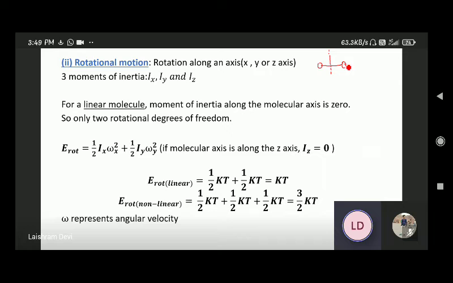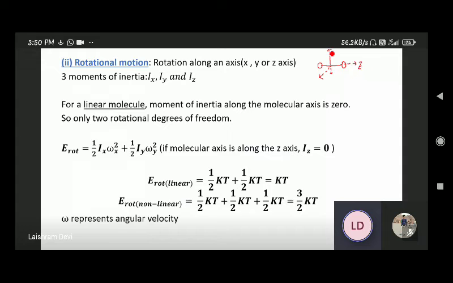And let's suppose there are 3 coordination axes, like suppose these are the x, y, and z axes. Sorry for the diagram, but suppose this is your z axis.